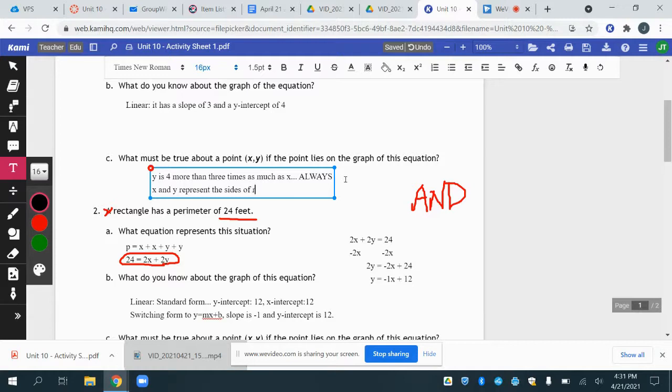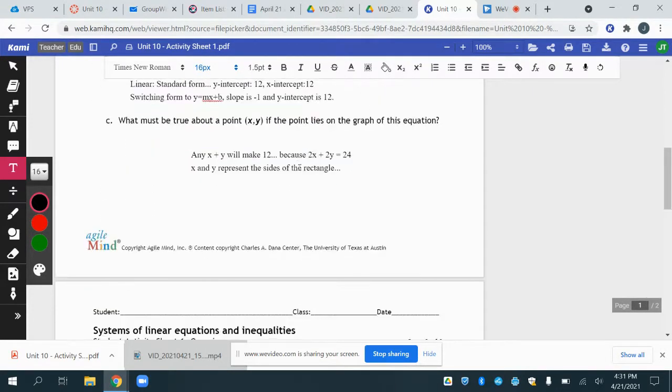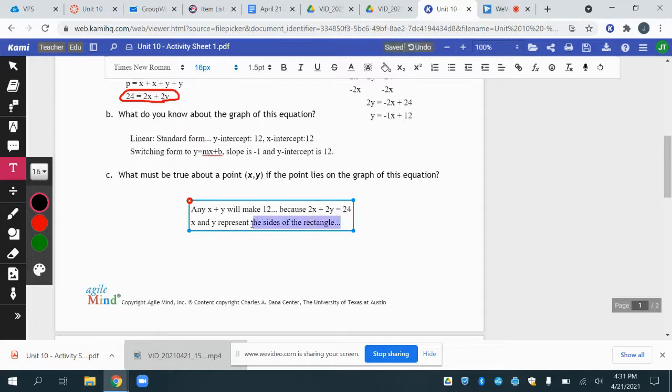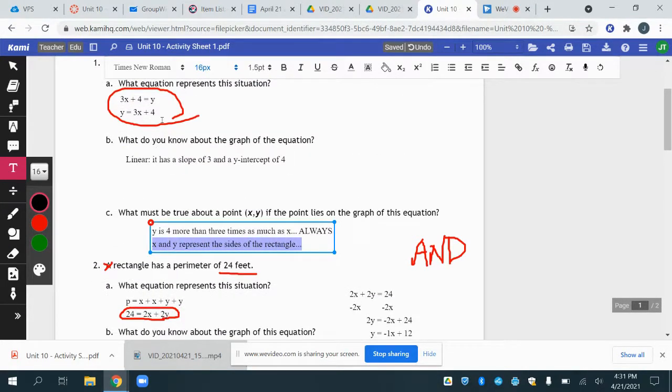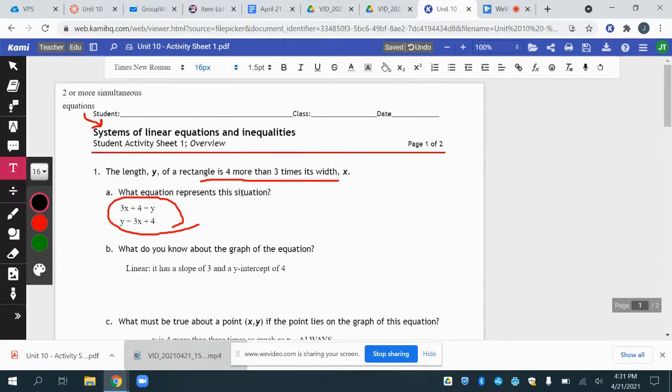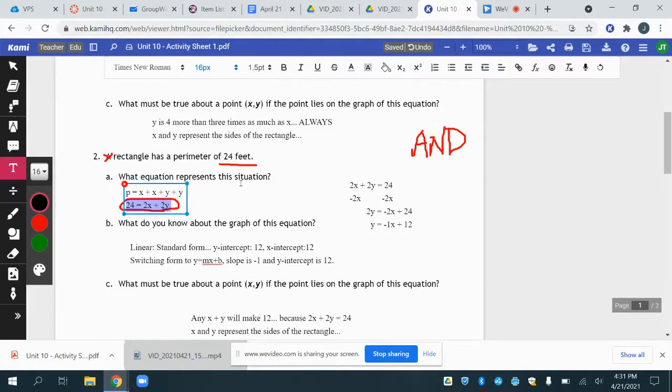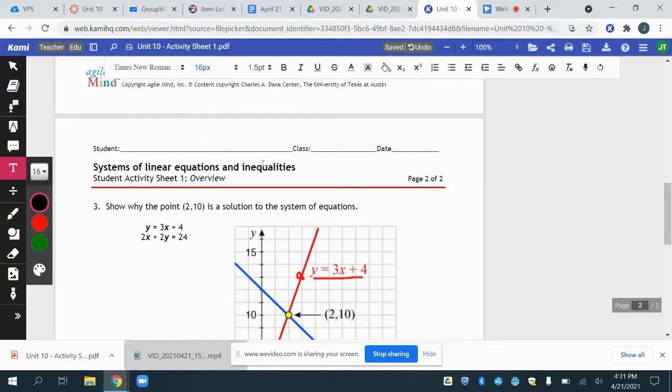Notice X and Y represent the same thing in both equations. Well, that means if I can find X and Y's that work for this one and for this one, in this equation and in that equation, then I would have something that makes this true and that true about the same rectangle, like one rectangle that represents both of those things.